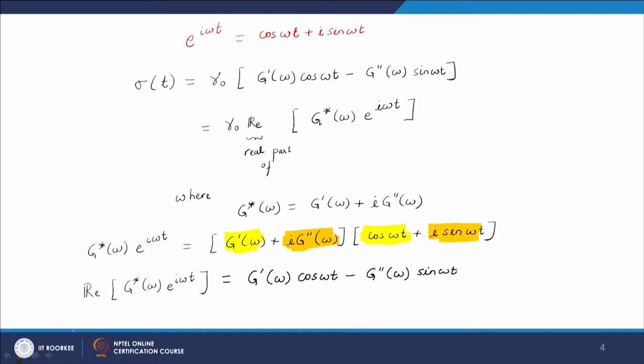That is the result that essentially I am using right here.